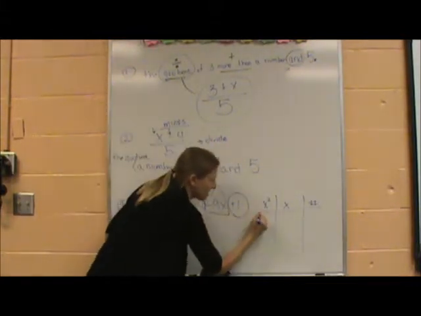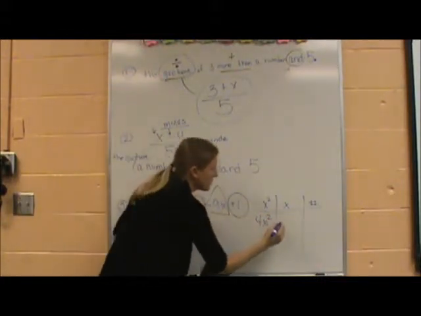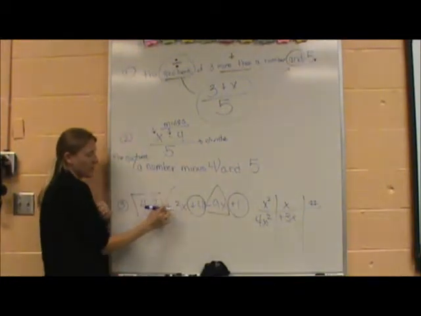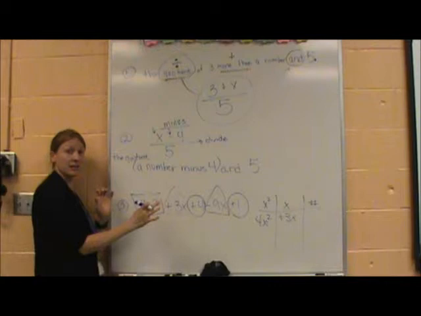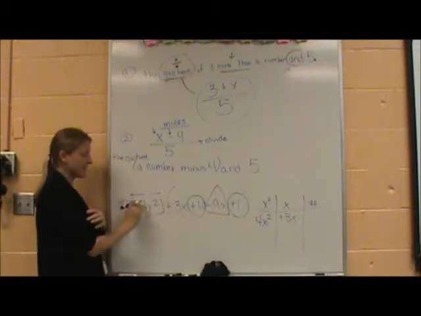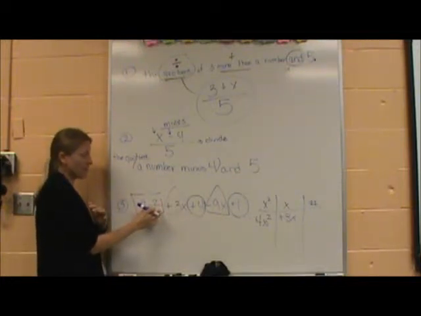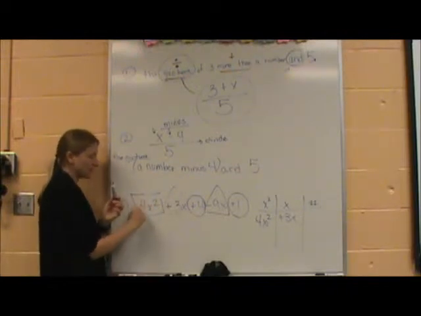So I'm going to put my 4x squared here. I'm going to put my plus 3x. Now if you notice when I marked the plus and I marked the minus. And the reason that I did that is because this tells me what operation I need to do with it. Because this number is in the front, it has no positive or negative in front of it, so it doesn't have a sign.